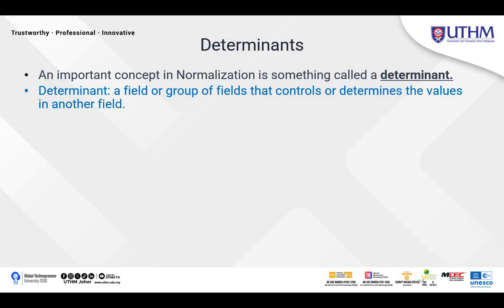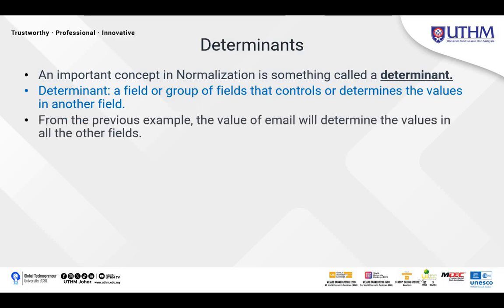A determinant is a field or a group of fields that controls or determines the value of another field. From the previous example, the value of email will determine the values in the other tables or other fields. For example, one particular ID is able to determine the other details about a person. Like IC numbers, as our unique ID.